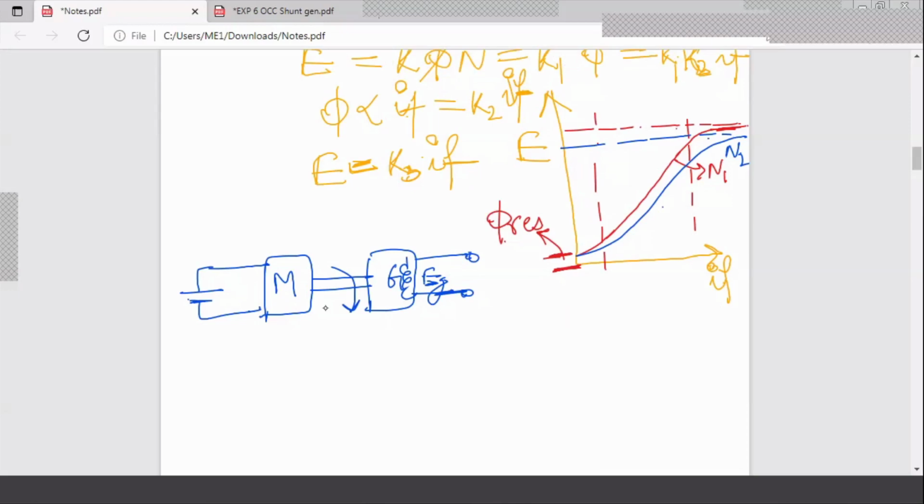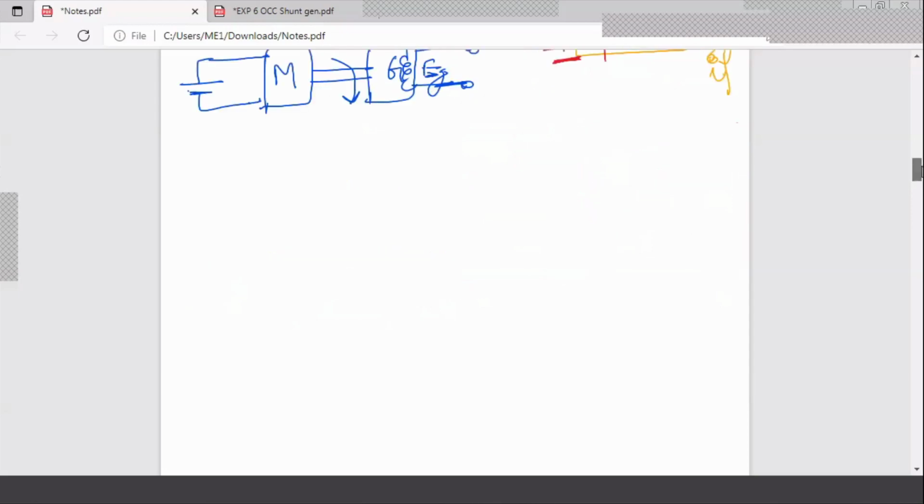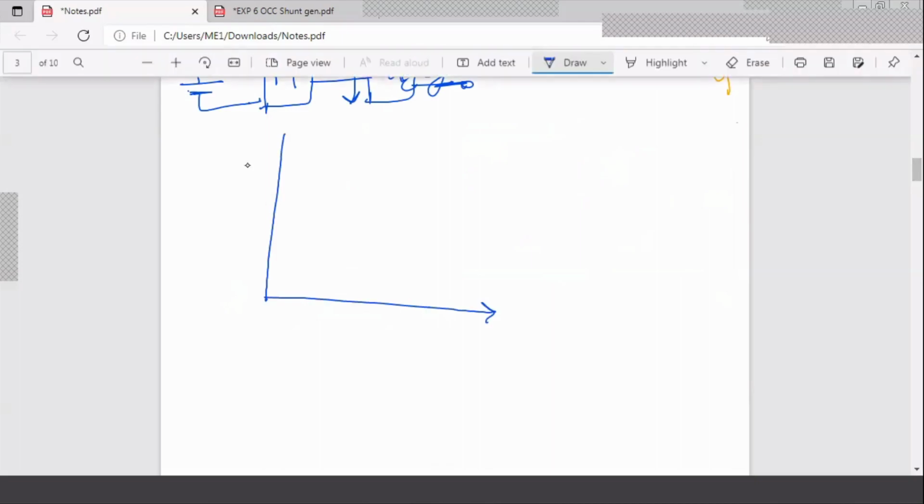Here there is also something known as critical field resistance. If I draw this characteristic for E versus IF, the field current.